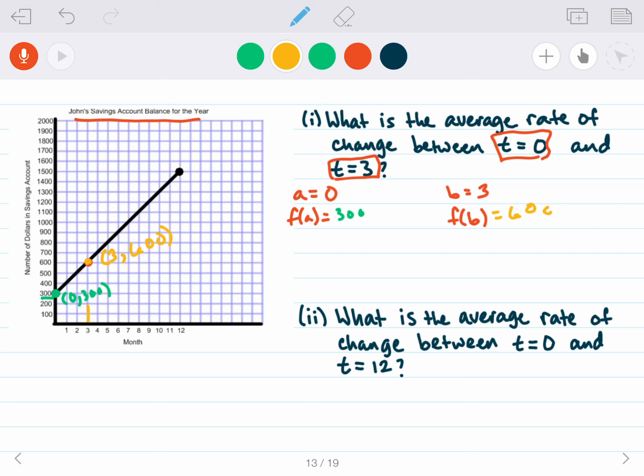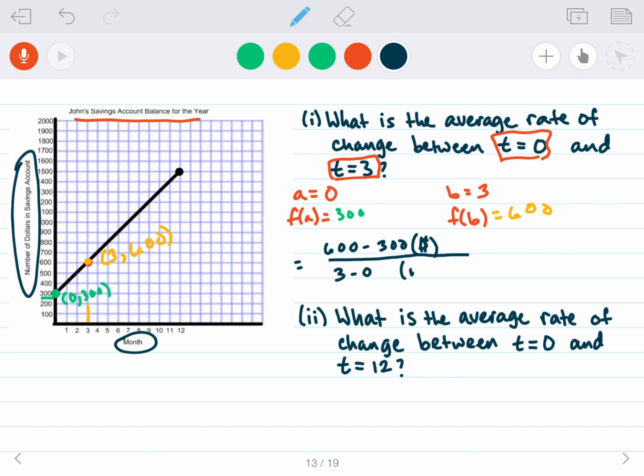So that is that. Now let's do our rate of change formula. We have f of b, 600, minus f of a, 300, over b minus a. Let's keep our units. Our units here for our outputs is dollars, and on the bottom our input is months.